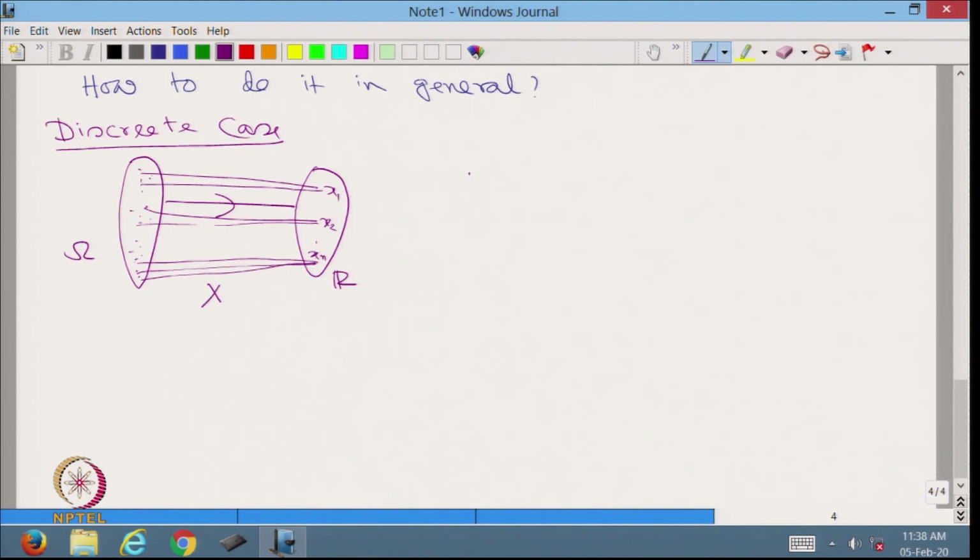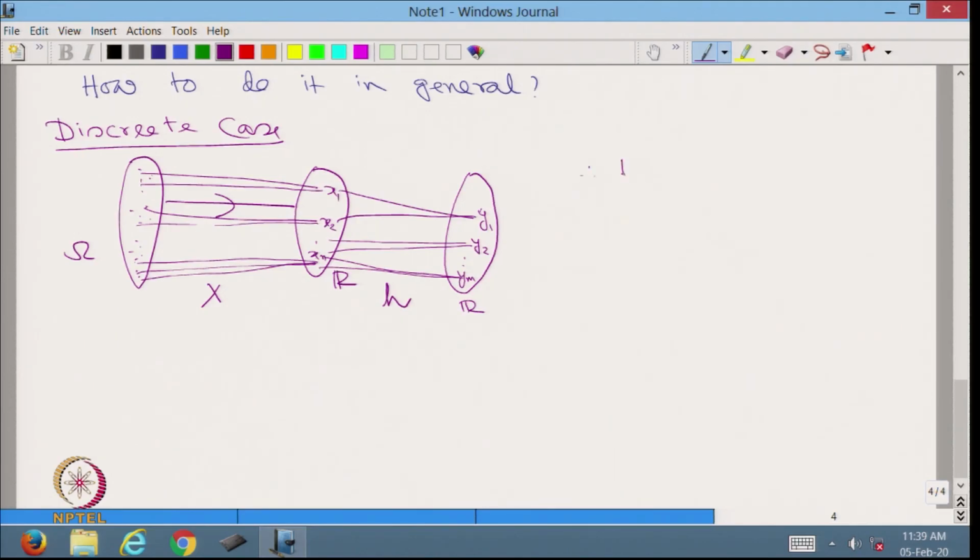Now we are looking at the mapping of Y, and some points from here are mapping to say y1, some other points are mapping to y2, and some other points are mapping to ym. And suppose this is the function h.